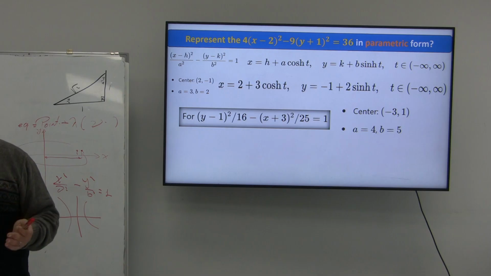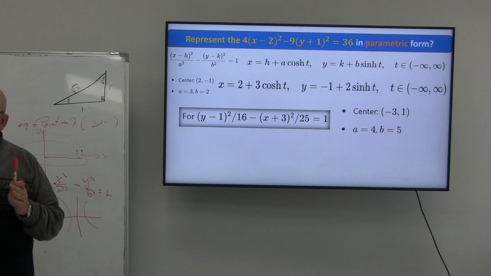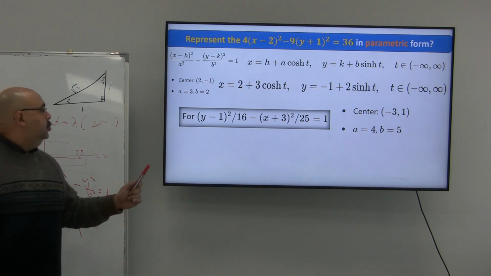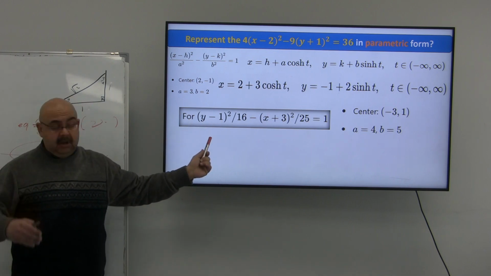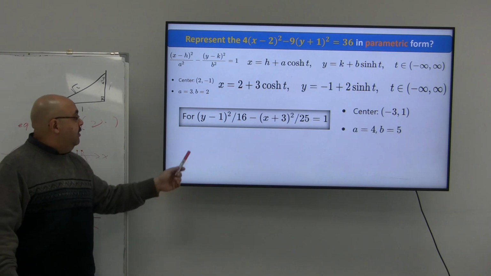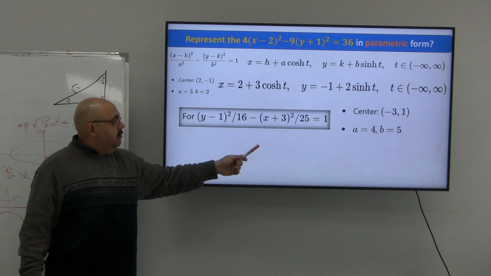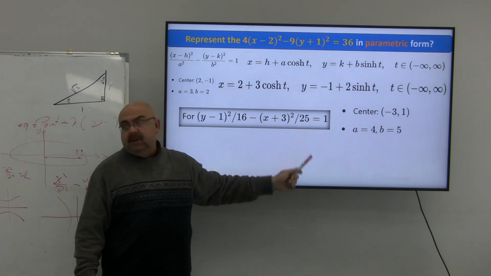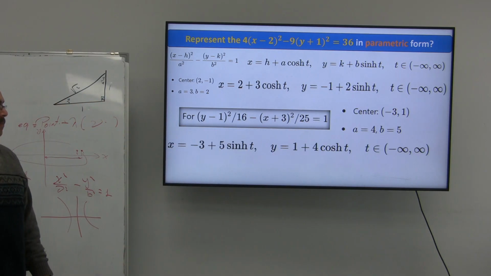We call it the semi-major axis. But with these equations, we are taking each value relative to the axis that's above it. So if I have y minus 1 divided by 16, I will consider a equal to 4. For the x, the b is going to be 5, whatever, which is which. I hope this is not going to cause confusion or misunderstanding.